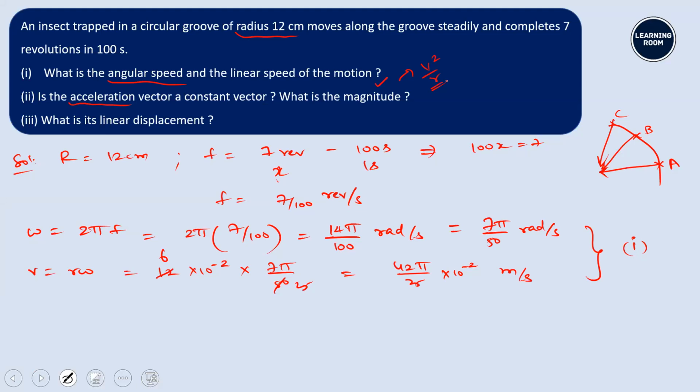And the third part that they have asked is, what is the linear displacement? So for me to find the linear displacement, first I need to find what is the angular displacement that has taken place.